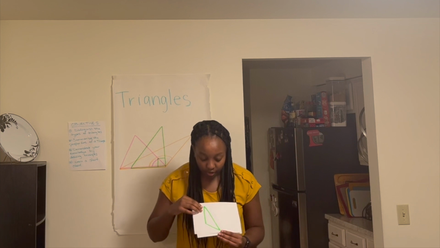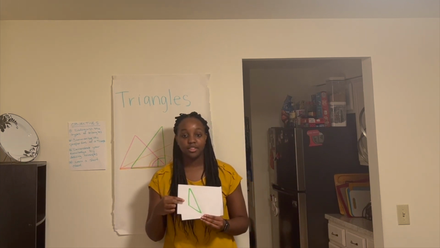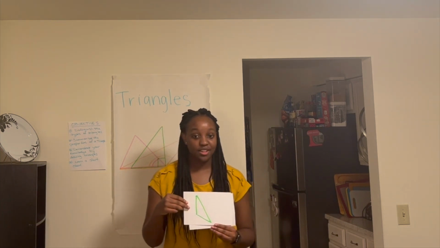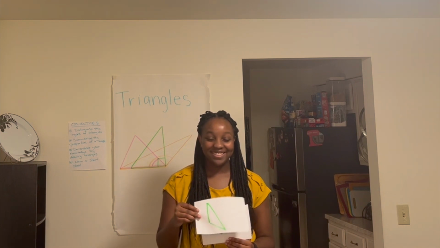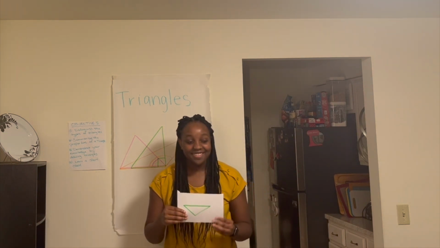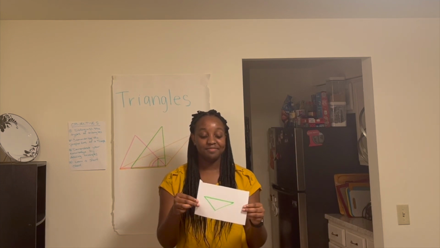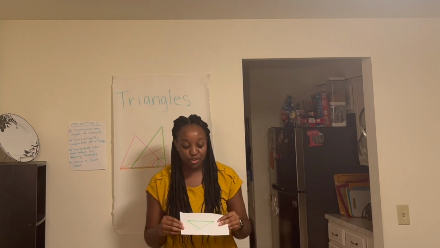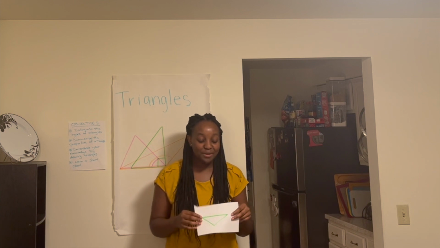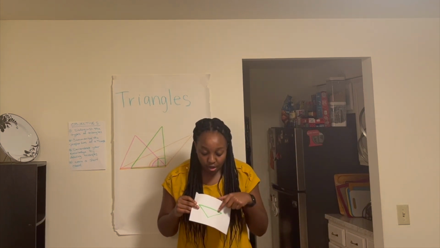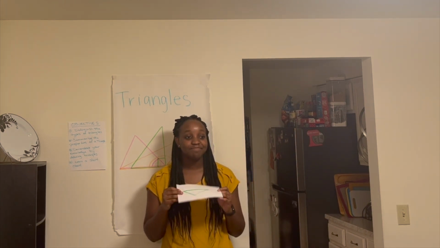Perfect. All right. What about this one? That one's obtuse. Obtuse because the angles. It's big. Yep, it's big. It's greater than 90. And the last one. Acute. It is acute. So almost tricky, right? It looks big, but it's actually an acute triangle because all the angles are smaller than 90.